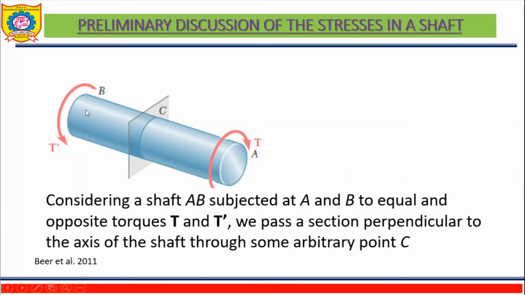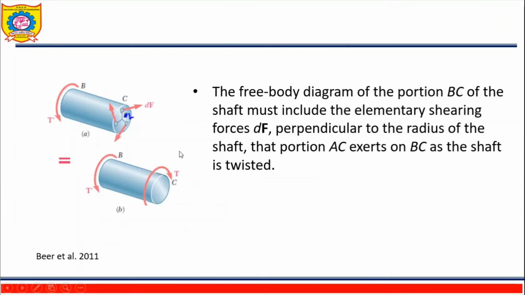Similarly, suppose we apply a torque on this shaft and take a section here. Then at point A, a resisting torque will be developed, trying to oppose it.